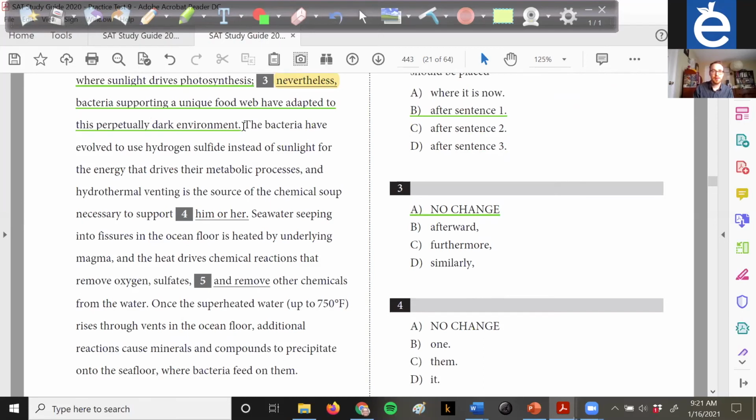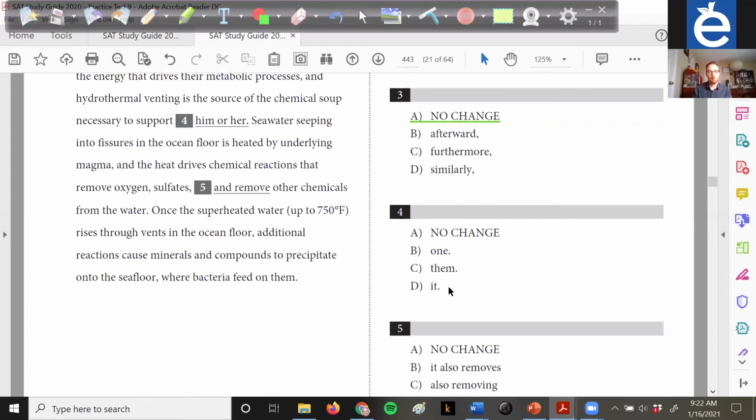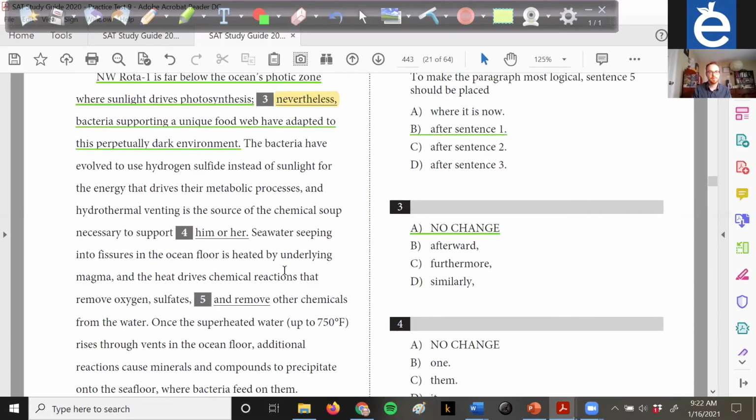After that, we're just going to continue to read through the passage. The bacteria have evolved to use hydrogen sulfide instead of sunlight for the energy that drives their metabolic processes, and hydrothermal venting is the source of the chemical soup necessary to support him or her. Well, if we look at the options on number 4, it seems like we're being tested on pronouns.